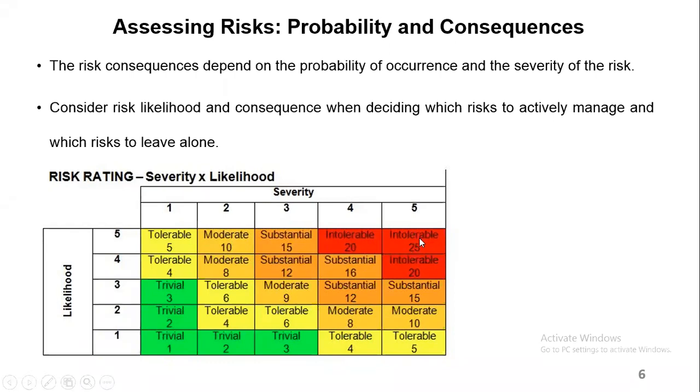There are also other risks. Let's say the severity is highest, a 5, and the likelihood or the chances for it to happen is also highest. So like here, you have a risk rating of 25. That's 5 times 5. So this is intolerable. It's just way too much. You cannot afford to take this risk. They say it's unacceptable.